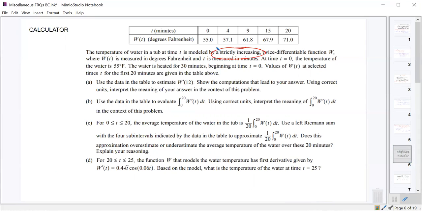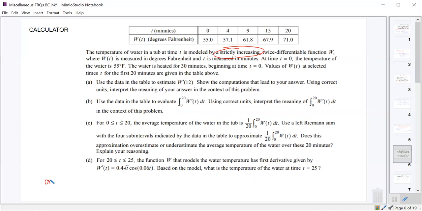This time they state that it is strictly increasing. So that's an important thing to note. And it's twice differentiable, et cetera, et cetera. The initial temperature is 55. And it's heated for 30 minutes. And it tells us values for the first 20. We'll have to deal with, it looks like 20 to 25 down here.